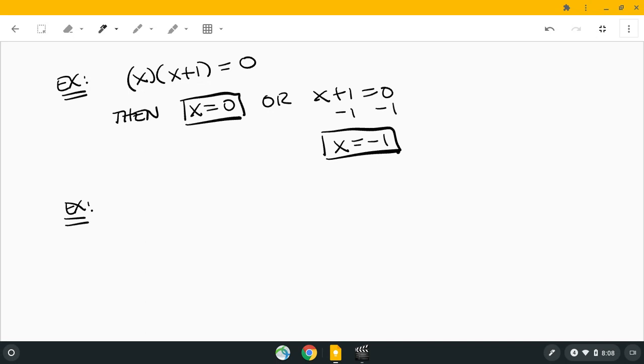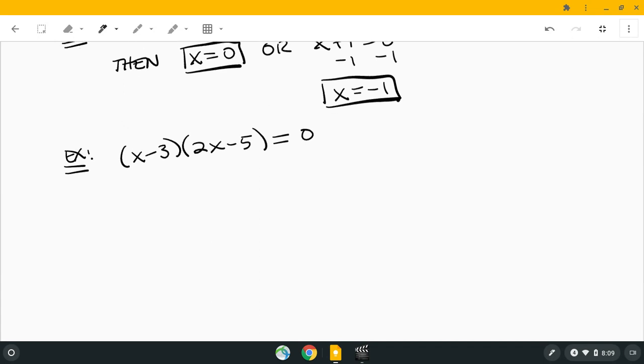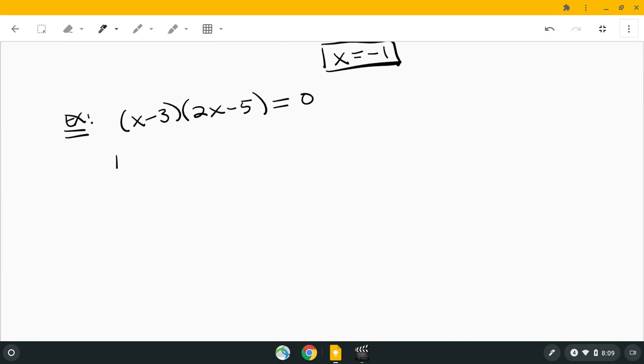Suppose that I have these two factors, x minus 3 and 2x minus 5, and when I multiply them, I get 0. If that's the case, then this must be 0 or this one must be 0.